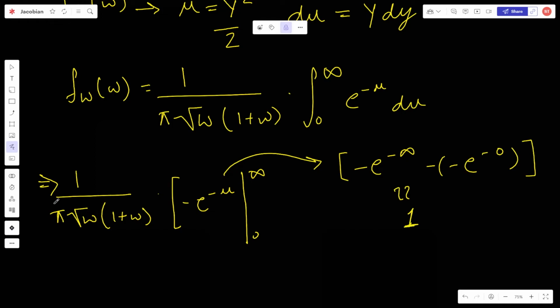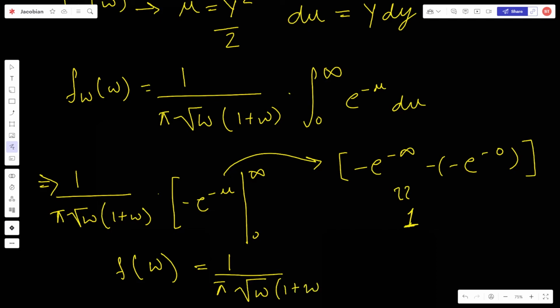And therefore, our marginal for w is 1 over pi root w times 1 plus w, and this is only valid for all w values greater than 0.